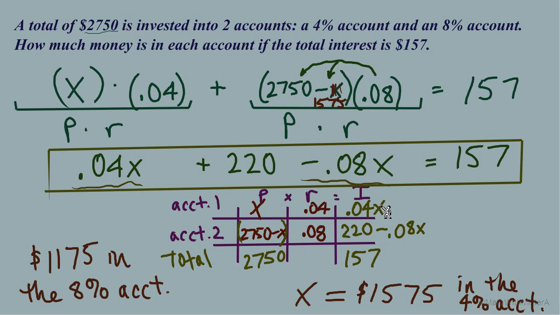So the table is just a helpful way for us to set up the equation, and my preference is to skip the table altogether and think about each term as a product of principal times rate. Some people might prefer to use a table to set it up. I prefer to just think term by term, principal times rate. Either way, it takes us to this equation that we solve and get to these two results.